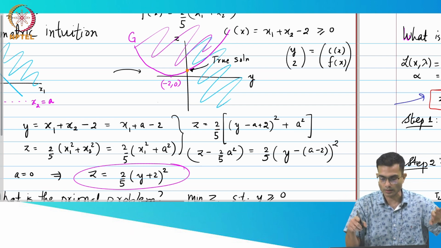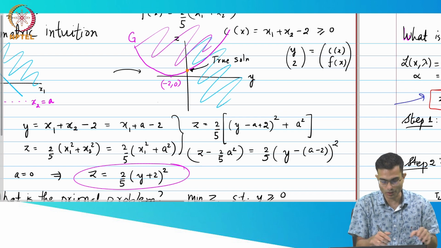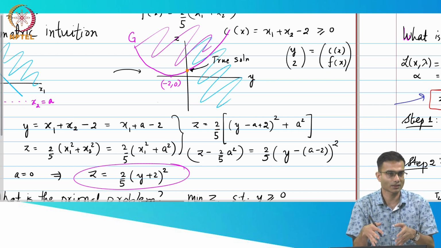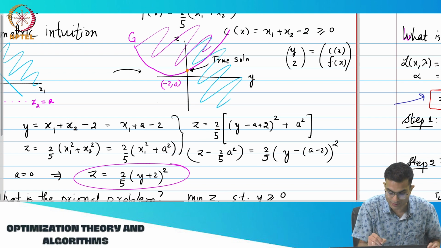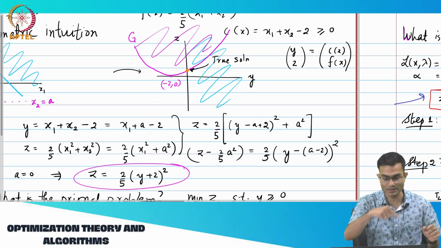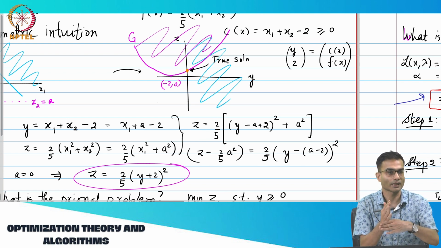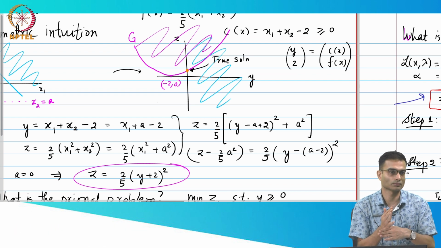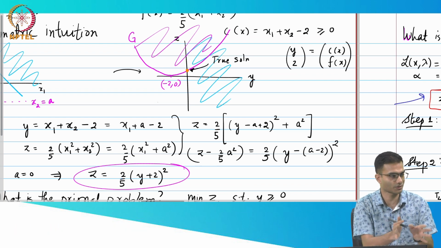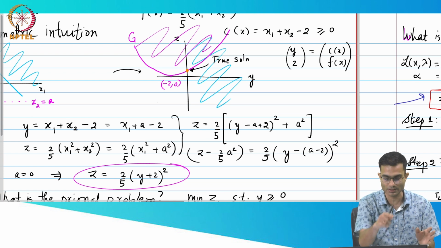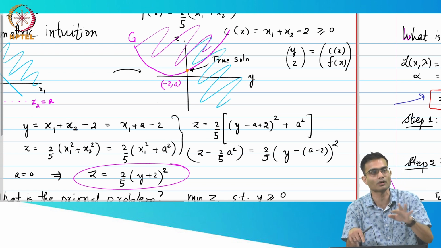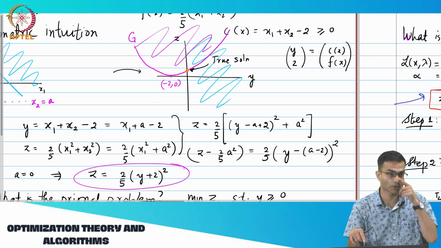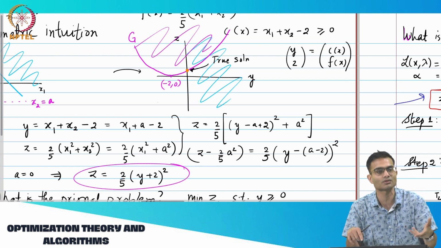Okay. This G region, because this is not a very easy thing to sketch, right? I'm not actually marking the value at which this G region is cutting the Z axis. It is not for a equal to 0. Okay, you have to do this carefully. The sketching has to be done carefully. The lowermost boundary of this need not be for a equal to 0. In fact, what you're saying proves that it is not for a equal to 0.